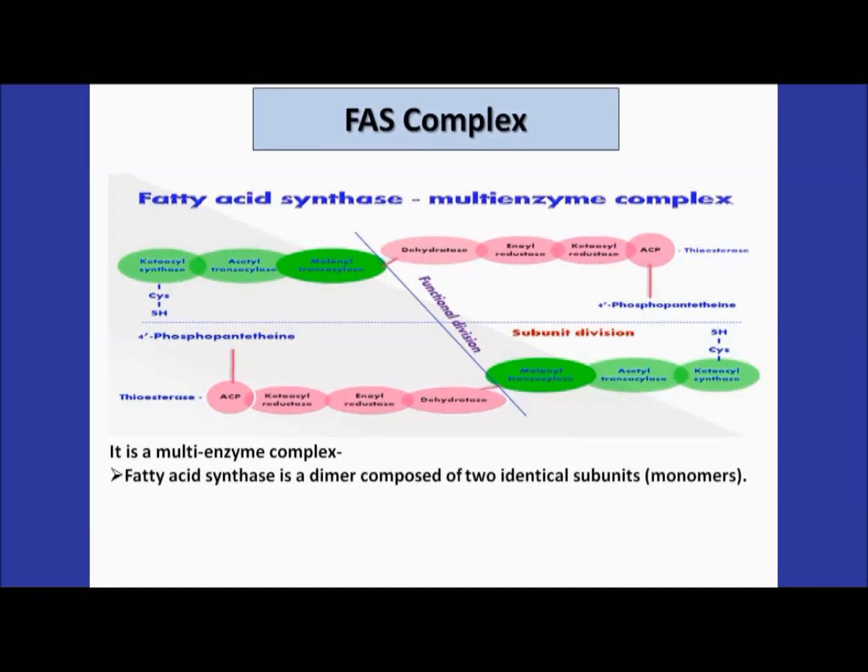Moreover, this fatty acid synthase dimer has identical subunits. You can see this is one unit, this is the other unit, and these two subunits are identical monomers. Each subunit weighs around 240,000 Dalton, that is the molecular weight.